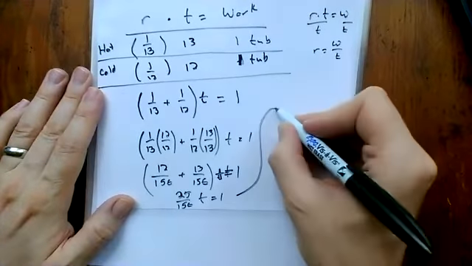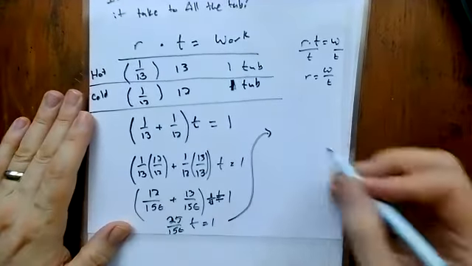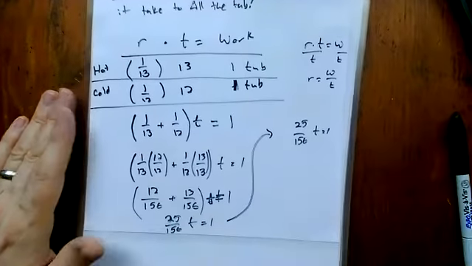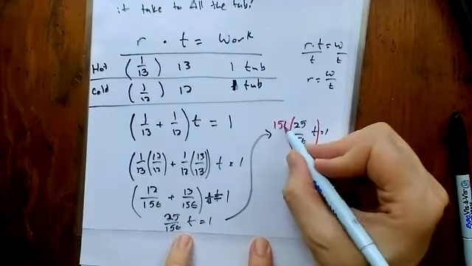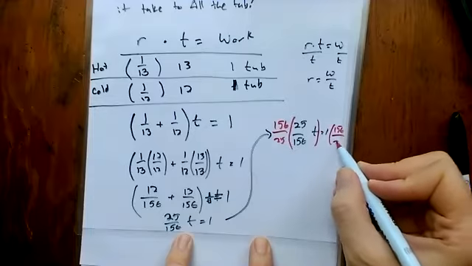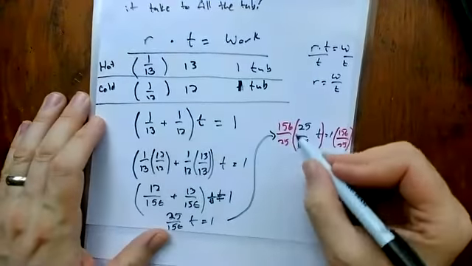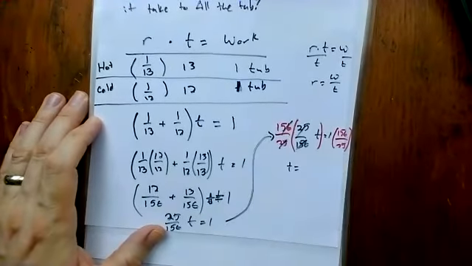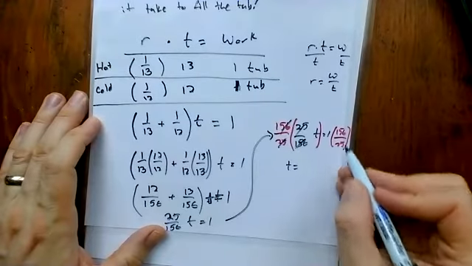And when I solve this, I'm just going to multiply both sides by the reciprocal, which is 156 over 25. So I'll have t is equal to 156 over 25.